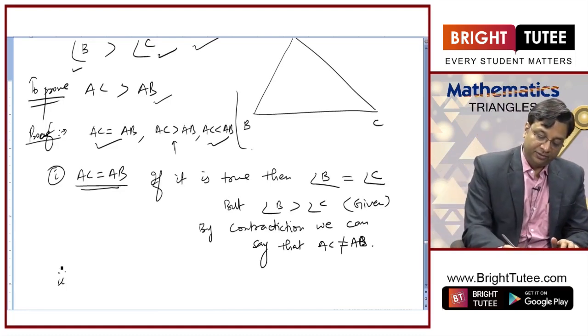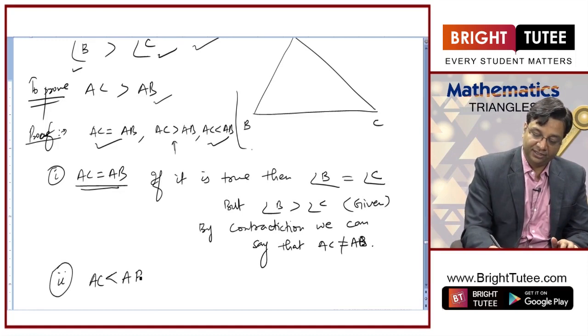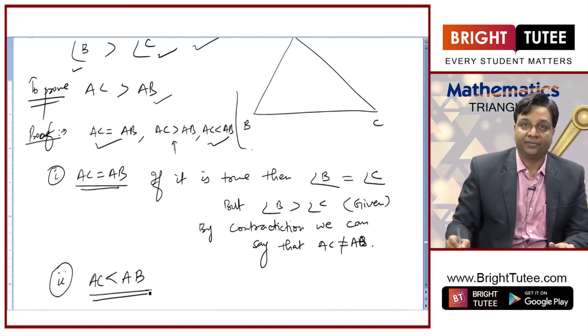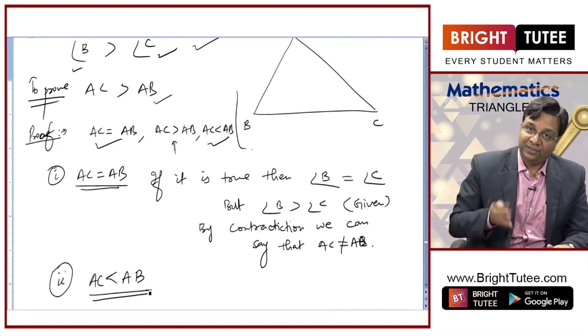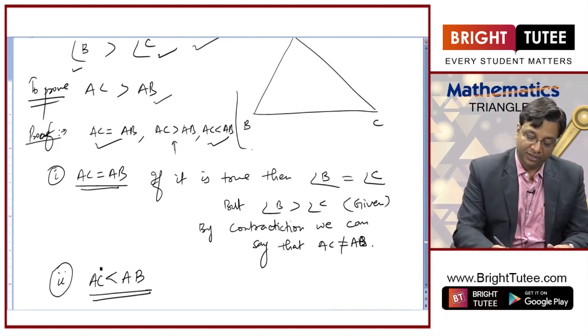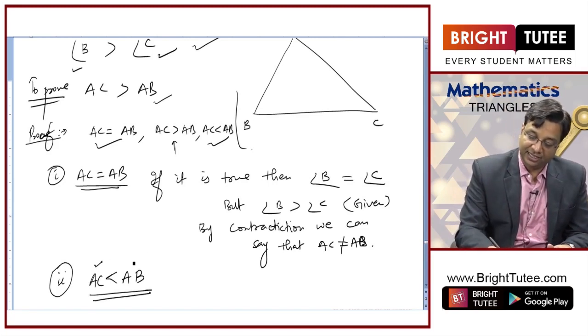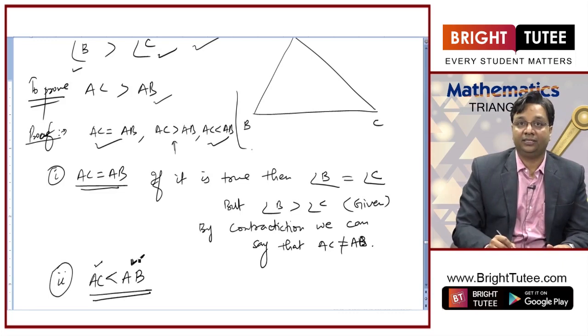So, let us check if it can be lesser than AB. If AC is less than AB, now from the previous theorem that we just proved, we know that if a side is lesser than some other side, the angle opposite to the greater side will be greater.